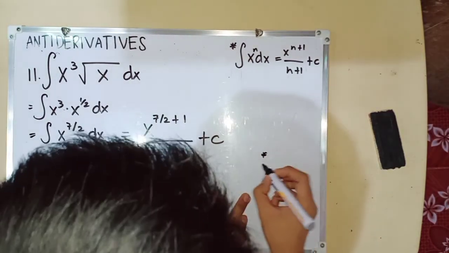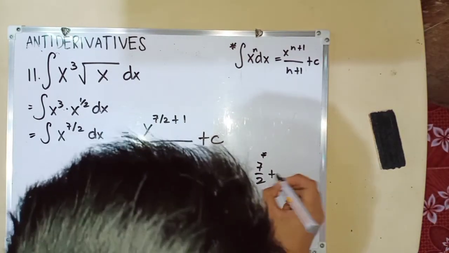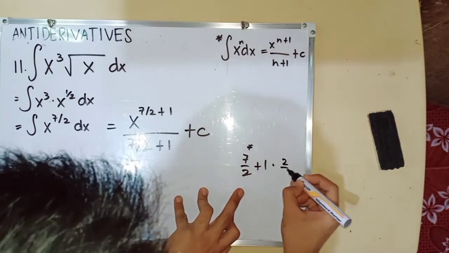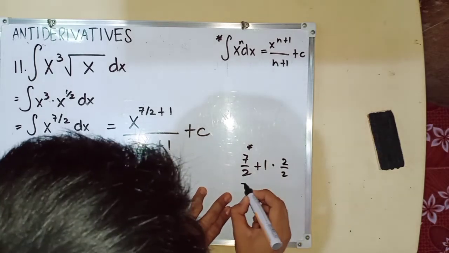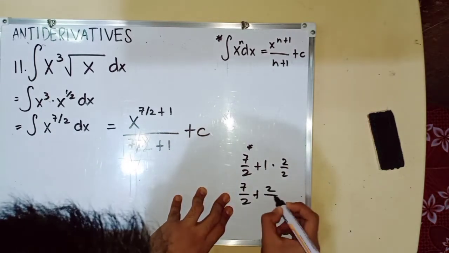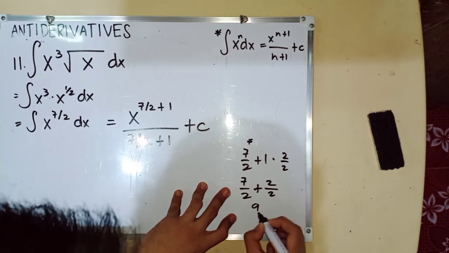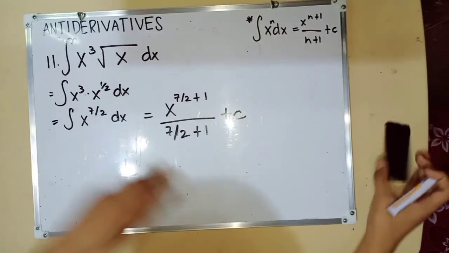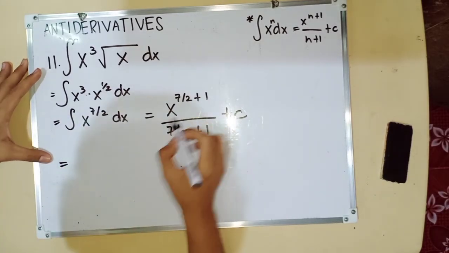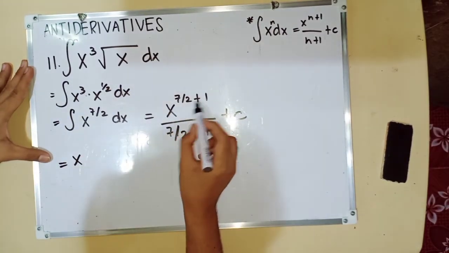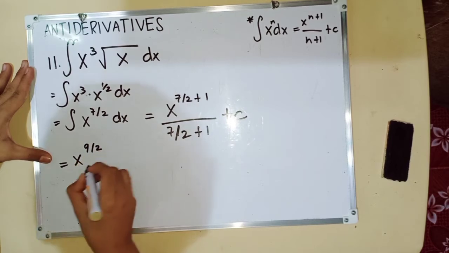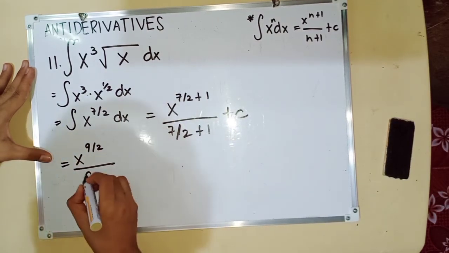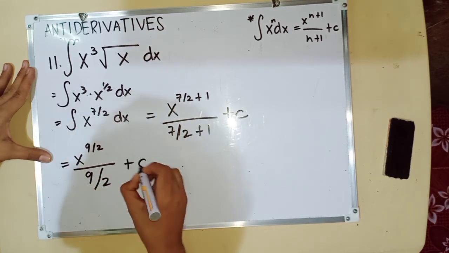So, again, 7 over 2 plus 1, so that they have the same denominator, we multiply 2 over 2 to this 1. So it becomes 7 over 2 plus 2 over 2, which is 9 over 2. So, x raised to the power of 7 over 2 plus 1 is equal to x raised to 9 over 2, over 7 over 2 plus 1, which is also equal to 9 over 2, plus c.